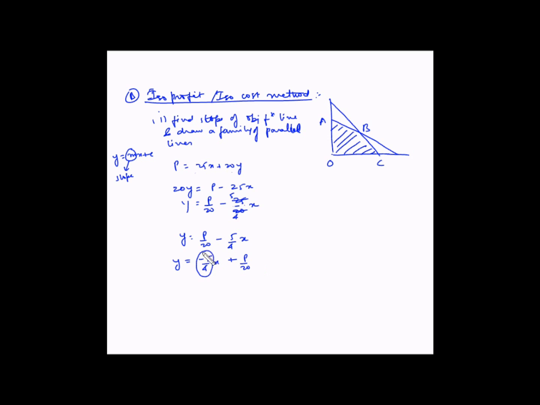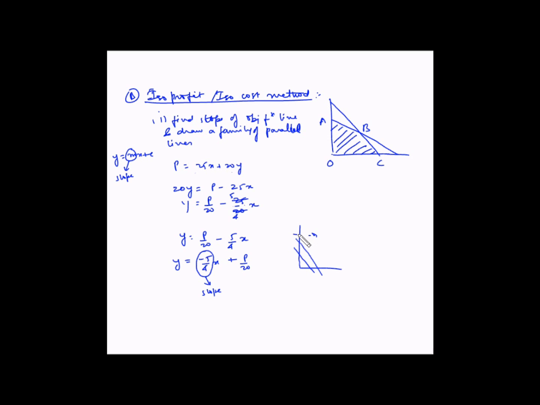So this is the slope. Now what the negative sign means is that this line is moving in downward direction from left to right. So if this is our graph, these lines are like this. It is moving downward when you are drawing it from left to right.